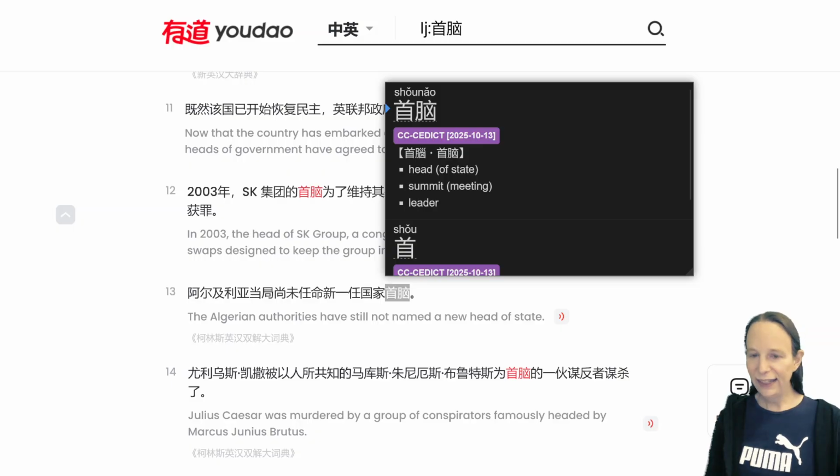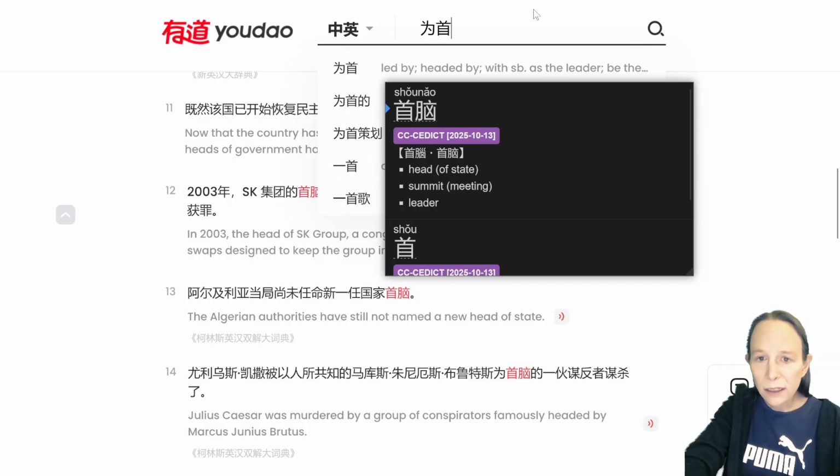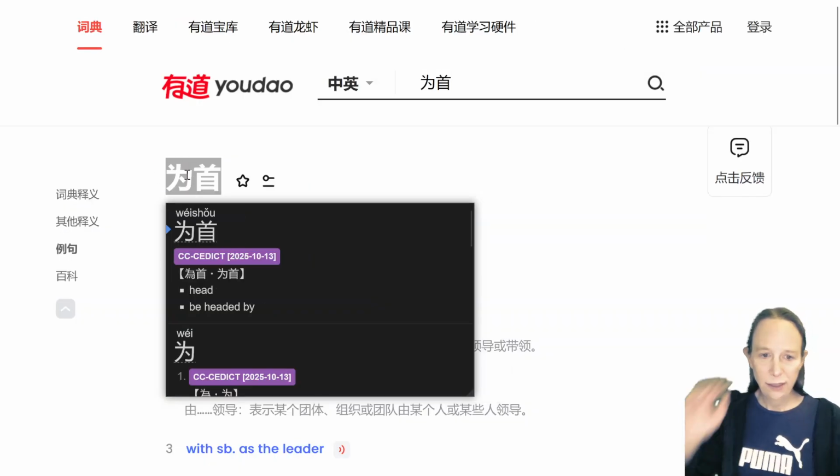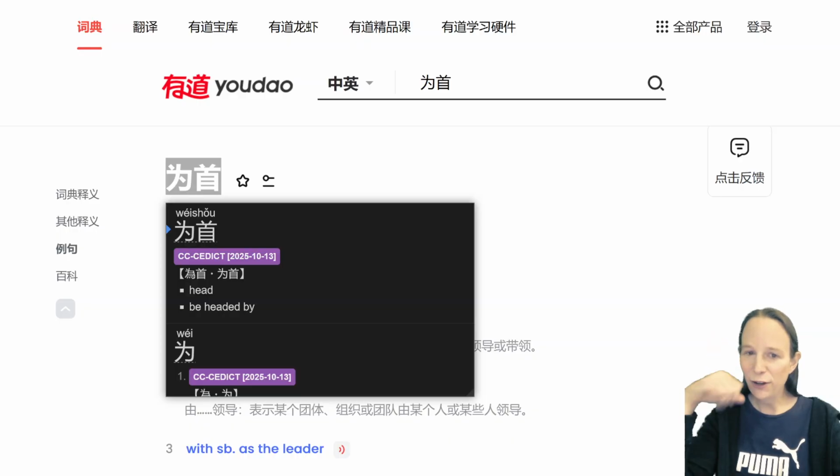So it's not just lead thinkers, it is the leaders. These are tricky. 为首的领导人, 为首. Is 为首 a word? 为首的, okay, so it's the head of government. 领导人. Okay. 政府首脑.